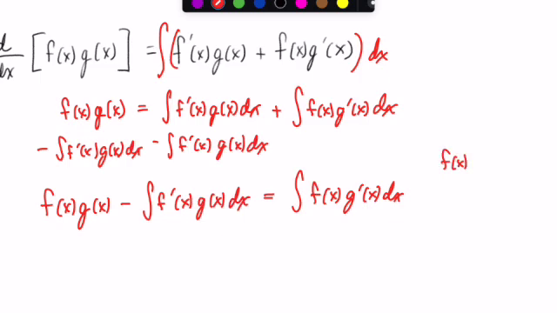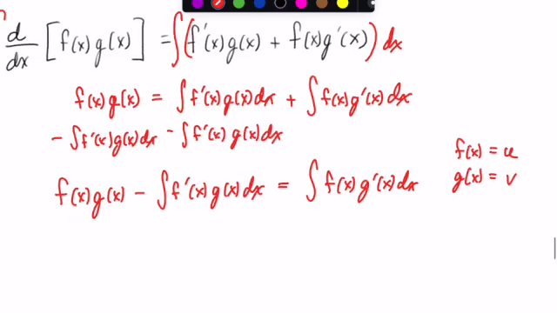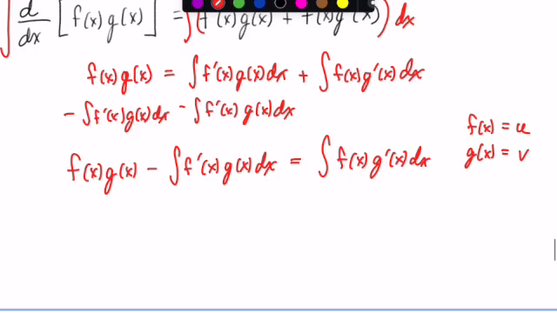And you're probably looking at that going, well, how is that the same thing? Well, think of f of x as the function u, and g of x as the function v. And then rewrite it. Well, that would be u times v minus the integral. Well, g of x is in there, so v, and f prime of x is in there.